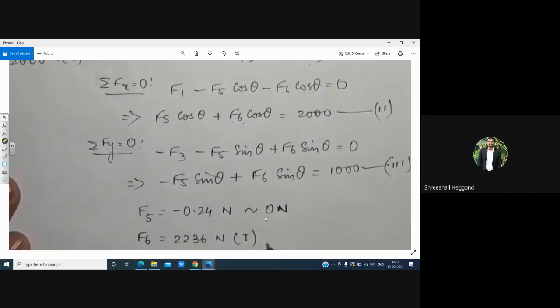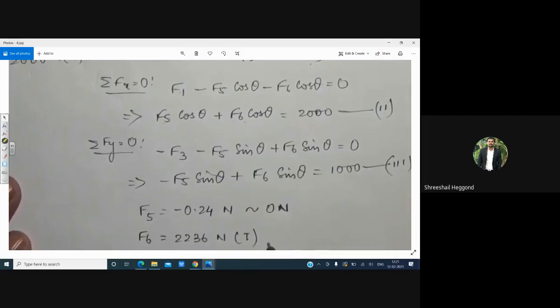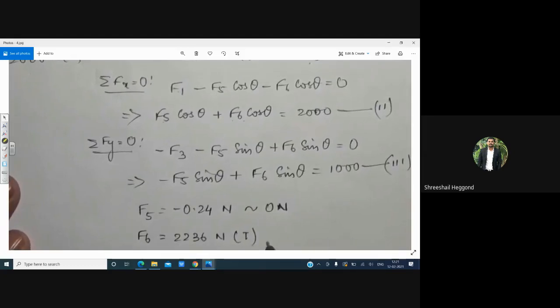Verify whether we are getting the same answers or not. Once you are done with this one, we'll start with one more numerical.